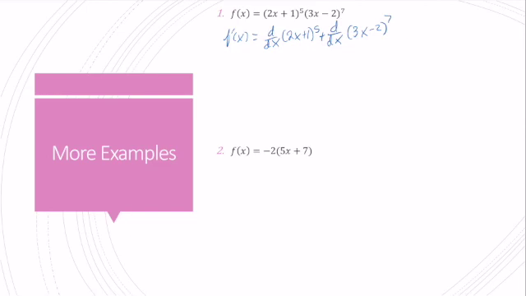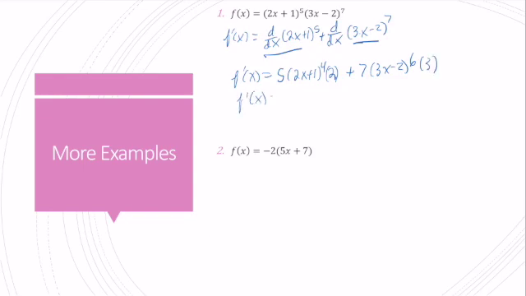And now I use the chain rule for each of these pieces. So here I have f prime of x equals, we'll take the derivative of our first function, which is going to be 5, 2x plus 1 to the fourth times 2, plus 7, 3x minus 2 to the 6, and the derivative of the inside is going to be 3.